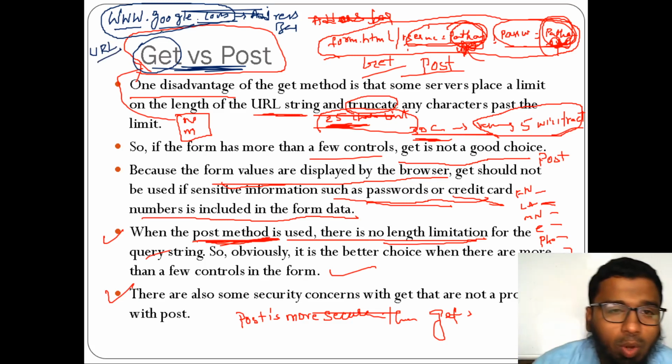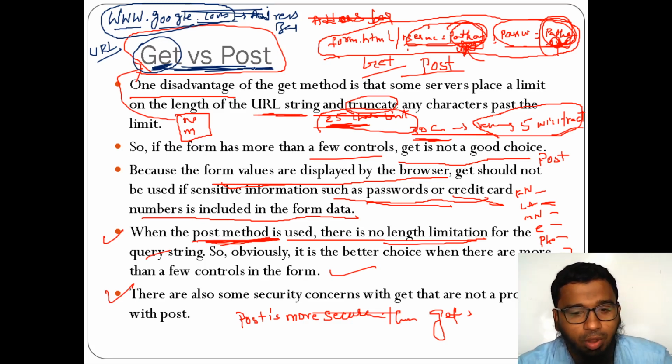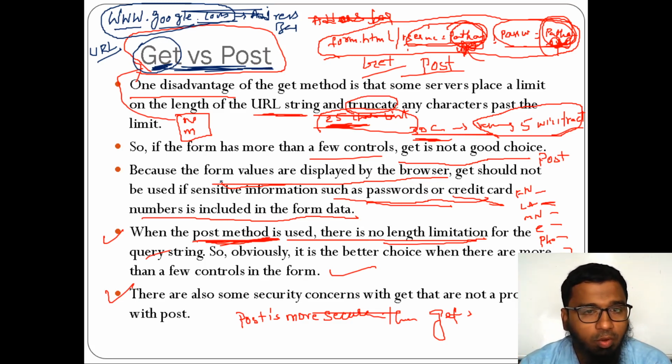So in that you will get the username and password. So you should not pass the username and password with the help of get. Whenever you have a username and password, just use the post.